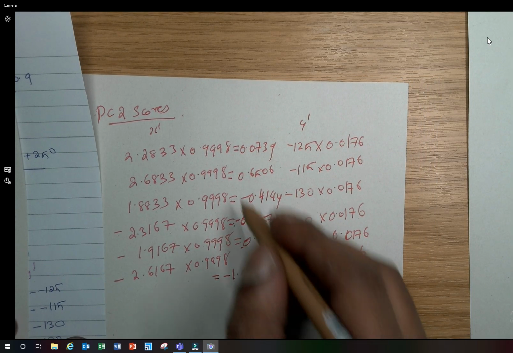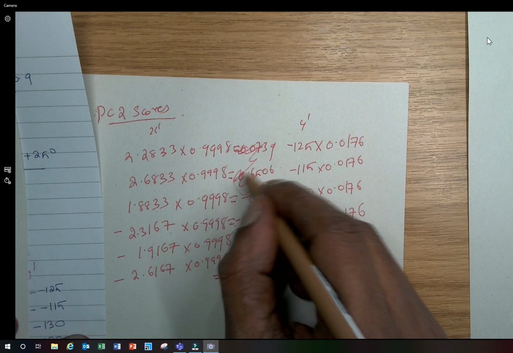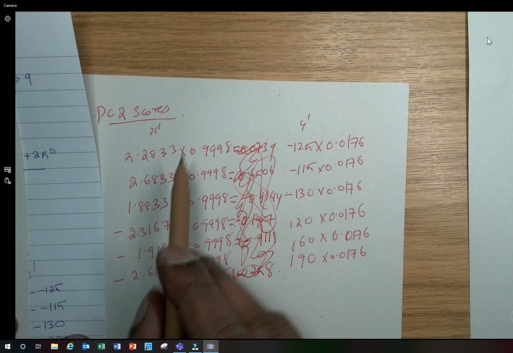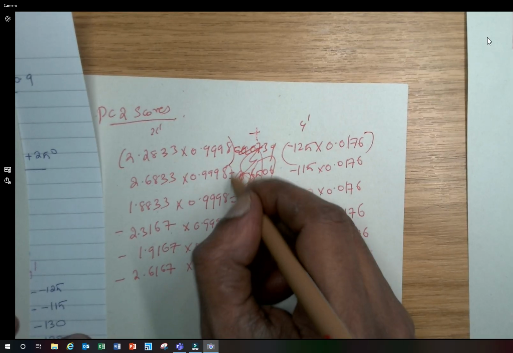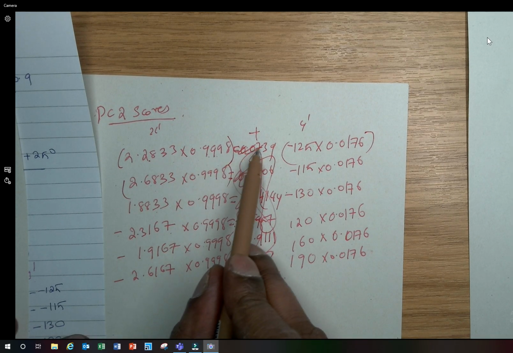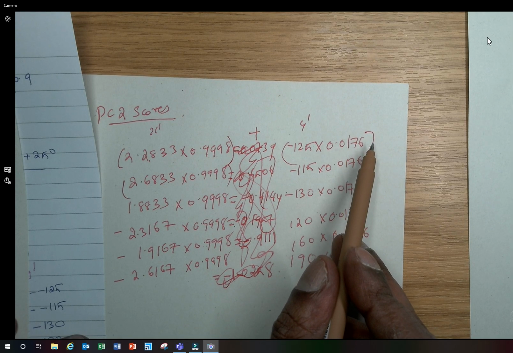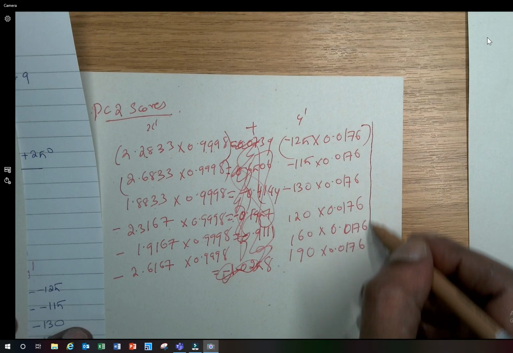These are the final values. Maybe I made a mistake. So I took these two, 2.2833 minus this value, plus minus 125 multiplied by 0.0176. So those are these values. Maybe I should make a third column here, sorry.